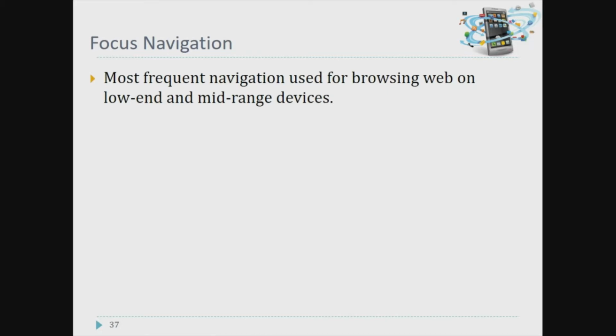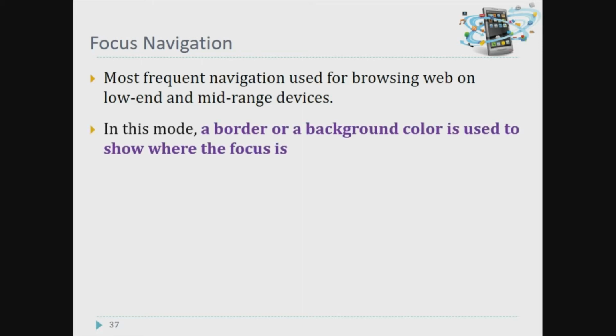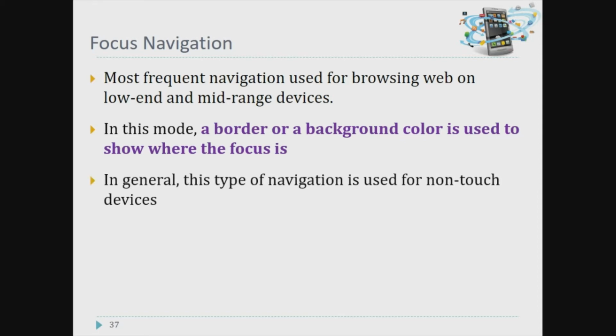Okay, the second navigation, we have focus navigation. It is the most frequent navigation used for browsing the web on low-end and mid-range devices. In this mode, a border or a background color is used to show where the focus is. Means we highlight a certain thing for our focus. In general, this type of navigation is used for non-touch devices.